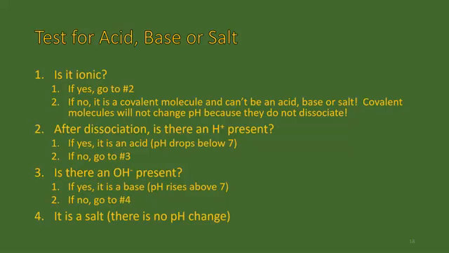It's going to dissociate in water, and you write out the electrolytes or ions that are formed. If one of those ions is H+, it's an acid. If not, look at question 3. Is it OH? If there's an OH negative present, it's a base. If not, it didn't have either one, it's a salt, and the pH did not change. We're going to do an electrolyte lab in class, and hopefully you'll get more of that during that lab.